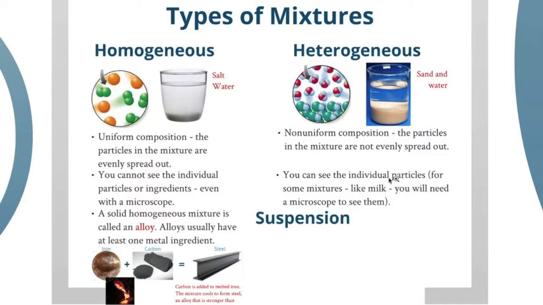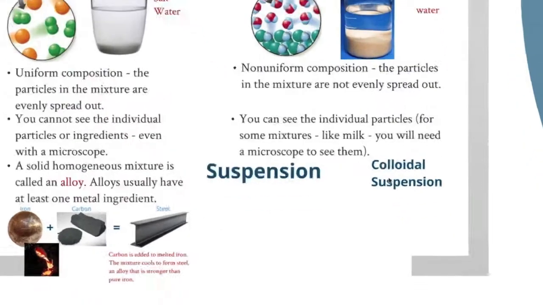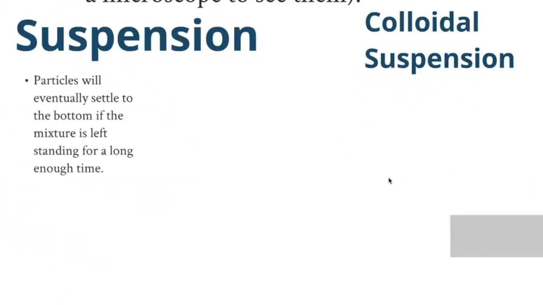Heterogeneous mixtures are also called suspensions. Now, you have suspensions and you have colloidal suspensions. These are two different types of heterogeneous mixtures. Now, in a suspension, the particles will eventually settle to the bottom if the mixture is left standing for a long enough time.